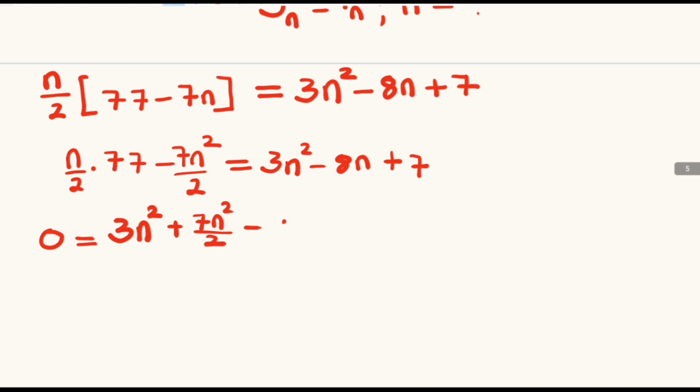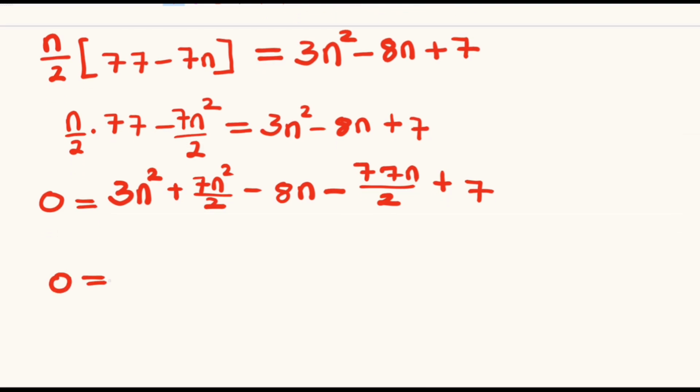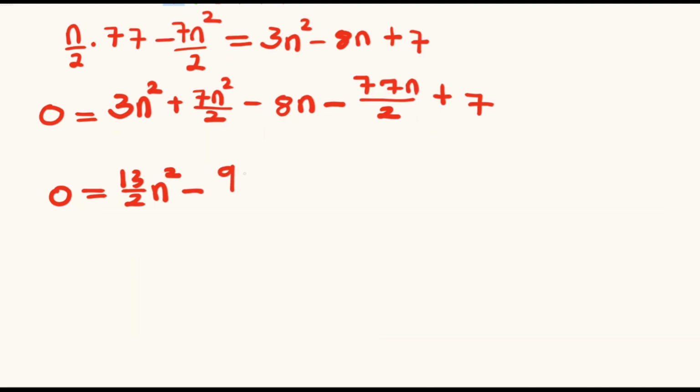On the right hand side we had negative 8n, which we will group with negative 77 multiplied by n divided by 2, and we had the positive 7. 0 will be equal to 3n squared plus 7 over 2 n squared, which is equal to 13 divided by 2 n squared, negative 8n minus 77 divided by 2 is equal to negative 93n divided by 2, and we have the positive 7.